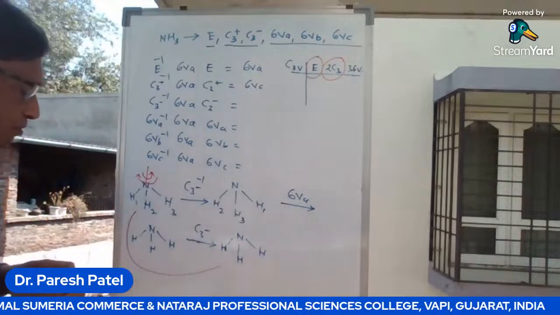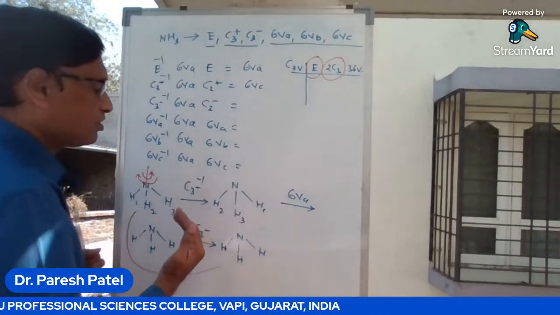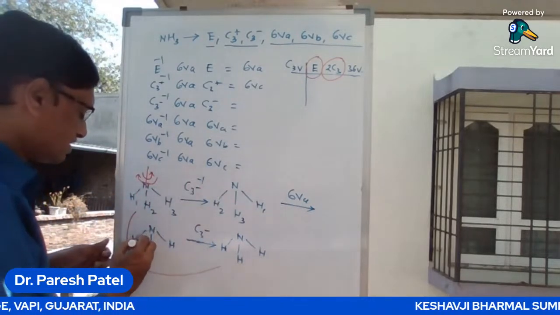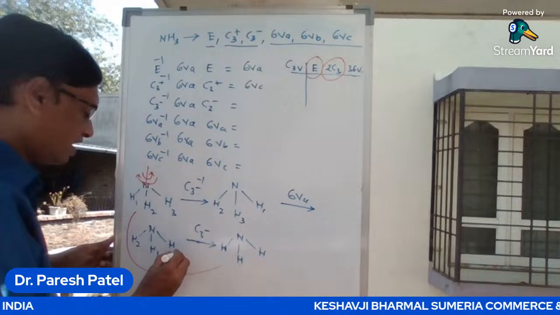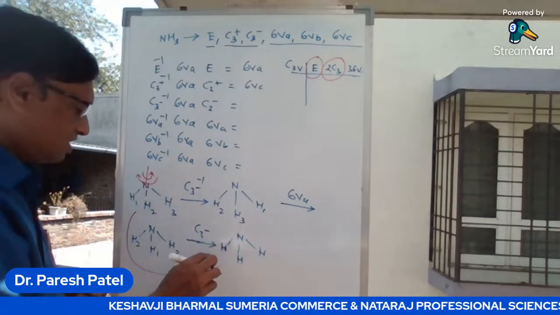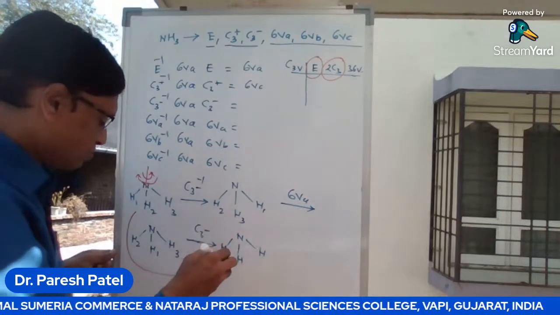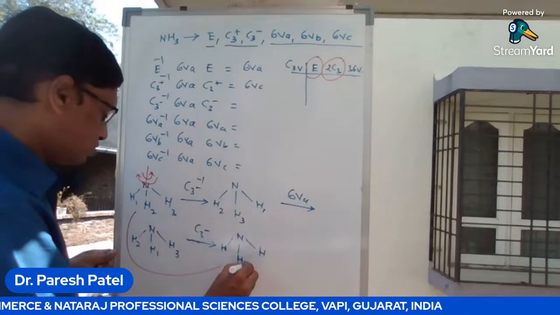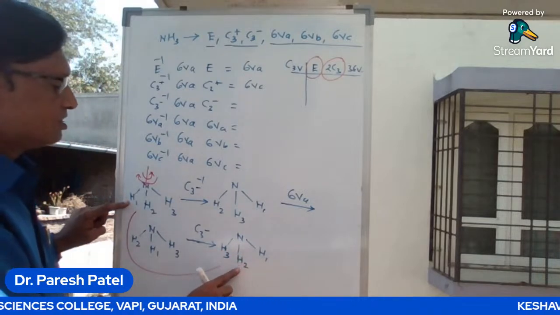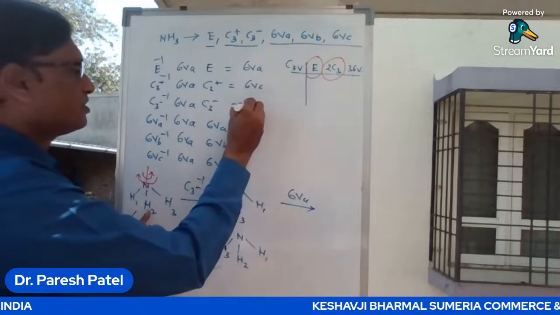Now rotation followed by the reflection. So for sigma VA, we put a mirror over here, but we have to consider the position of this hydrogen. Hydrogen 2 remains as it is; 1 and 3 are interchanged. Again C3 minus means one time anti-clockwise rotation. So 2, 3 and 1. Compare this and this. The position of hydrogen 2 remains as it is, so this is nothing but sigma VB.